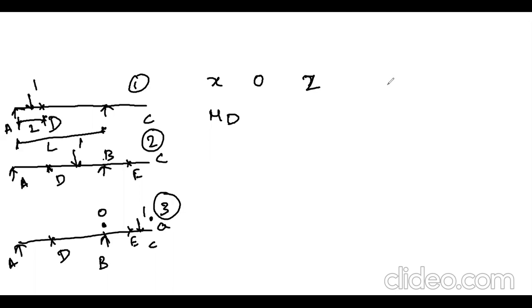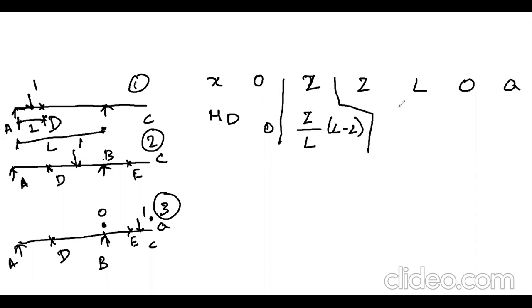Next, from Z, from that point itself, you are starting up to the point L. Again, it starts from 0 to A. Here the value is 0. When it is at Z location, it is Z by L into L minus Z. This is for the second condition. And third condition, it is L minus Z by L into Z. You can see these both are same.